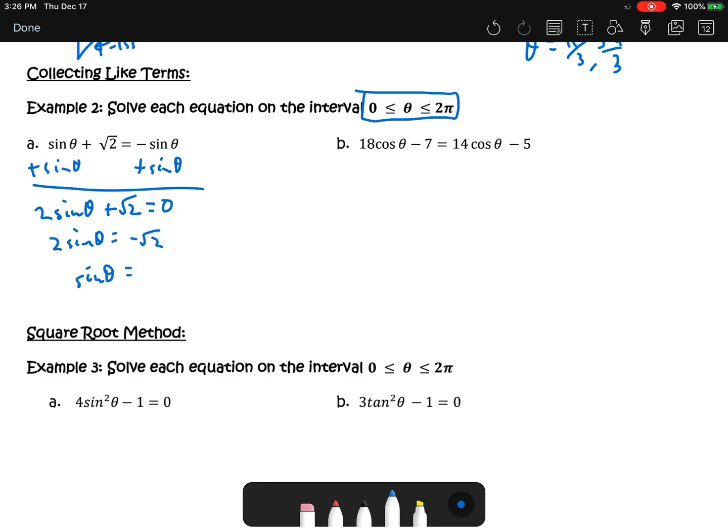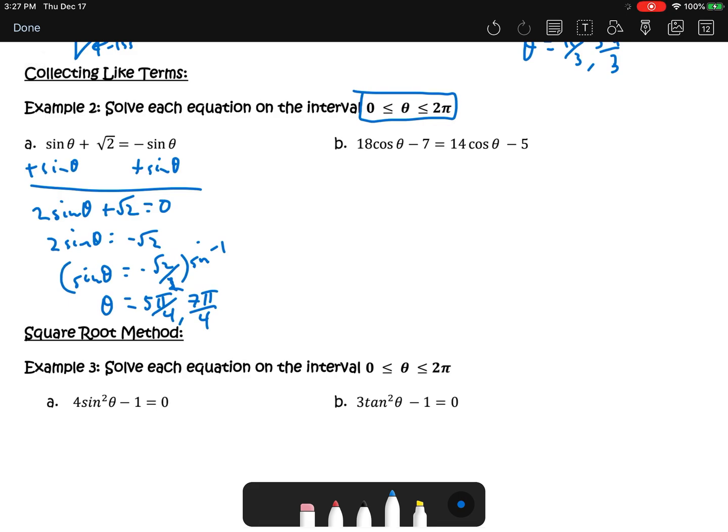Divide by 2, sine theta is negative radical 2 over 2. So then I'm going to take the inverse sine of both sides to get theta and ask ourselves, when is sine negative radical 2 over 2? And that happens at 5 pi over 4 and 7 pi over 4. Those answers are between 0 and 2 pi. And you can plug it in and check, and it will work, if I did it right, which I think I did.